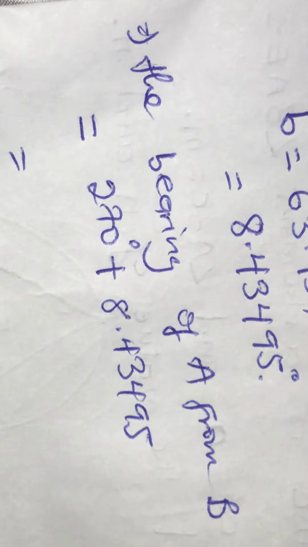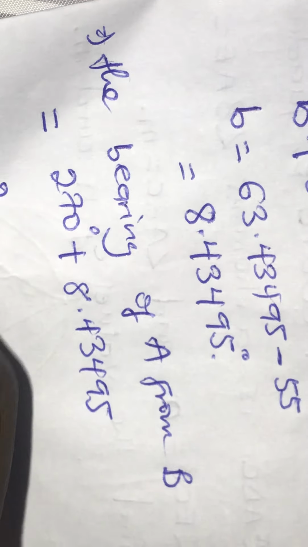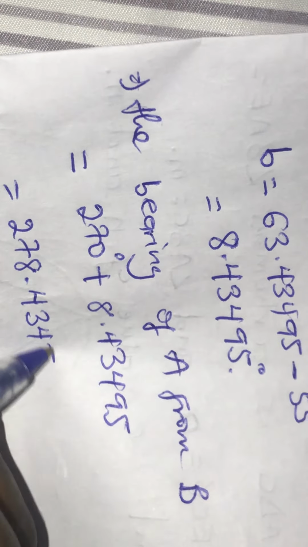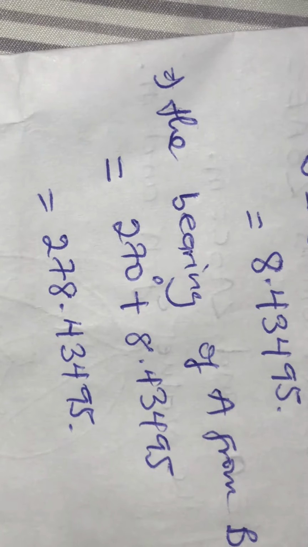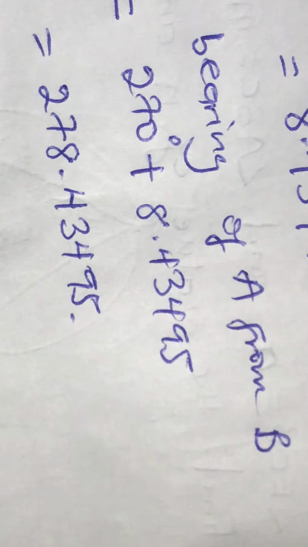Okay, that is giving us 278.43495. And that is the first part of the question. That's our B. Find the bearing of A from B.